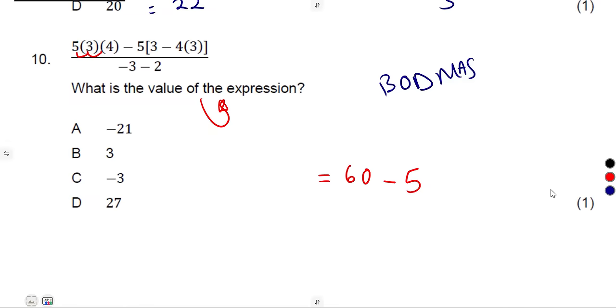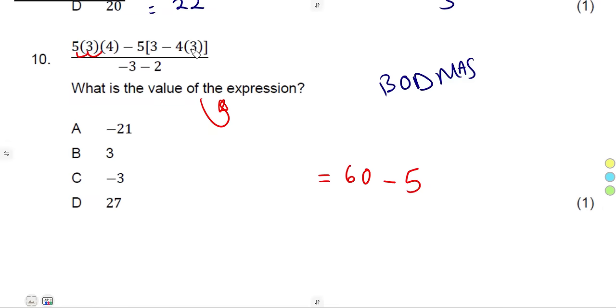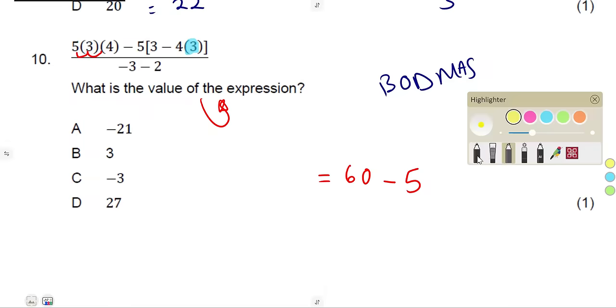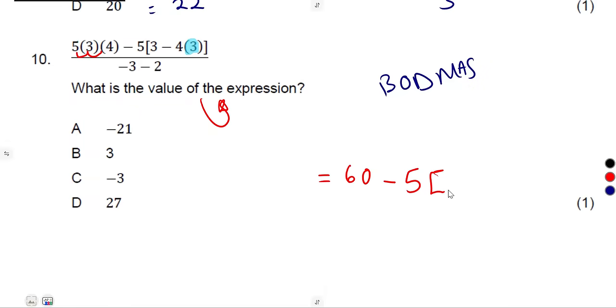There is an inner bracket which has got a negative there, the minus 4 multiplying 3, before you consider those outer brackets. Let's consider the inner bracket first. There is a 3.